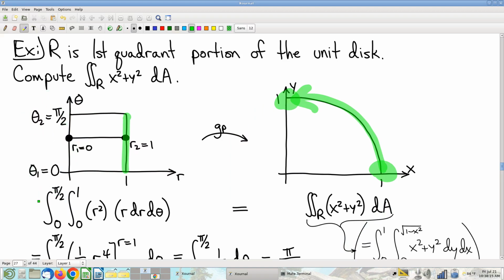Is that cool? All right. Let me just draw that a little bit nicer. There we go. This edge right here, theta is constant, pi over 2. R goes from 0 to 1. This edge right here, theta is 0. R goes from 0 to 1. This edge right here, this is the weird one.